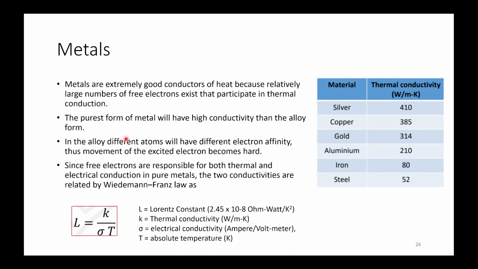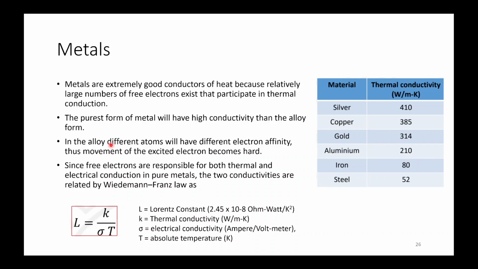So as we keep on increasing the amount of alloying elements or impurities, this conductivity will reduce. In the alloy, different atoms will have different electron affinity, thus movement of the excited electrons becomes hard.